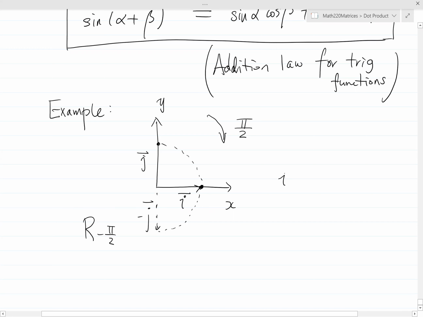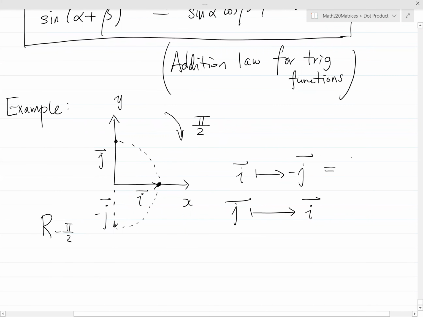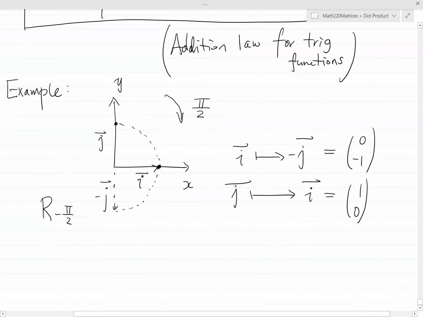So i goes to negative j, and j goes to i. Negative j in coordinate form is 0, -1, and i in coordinate form is 1, 0.